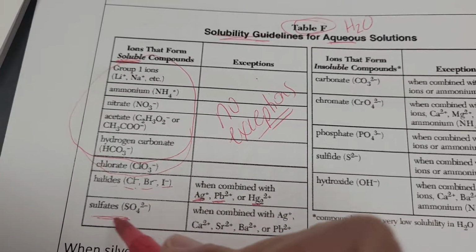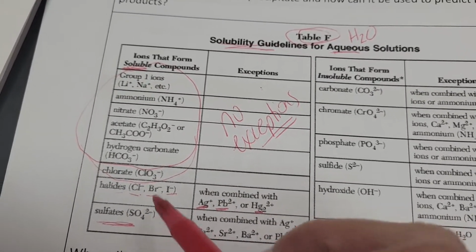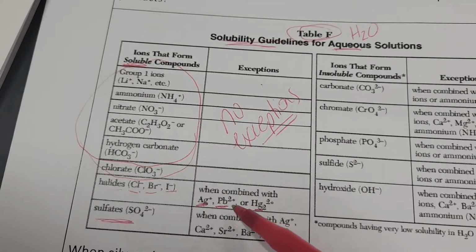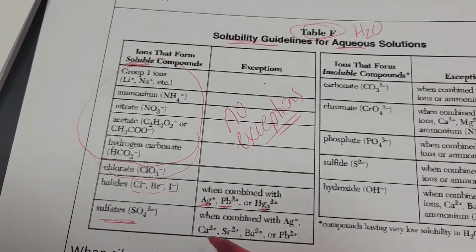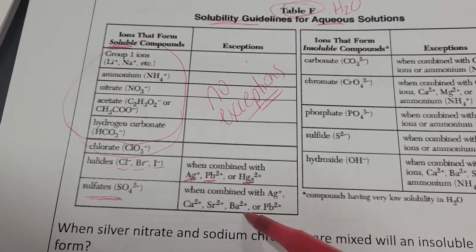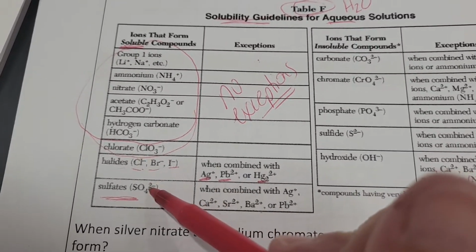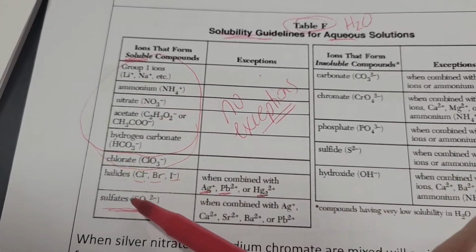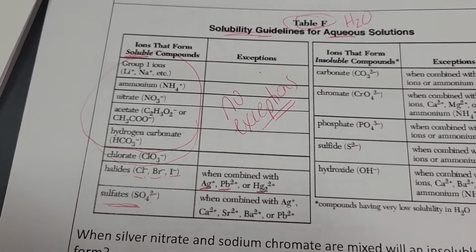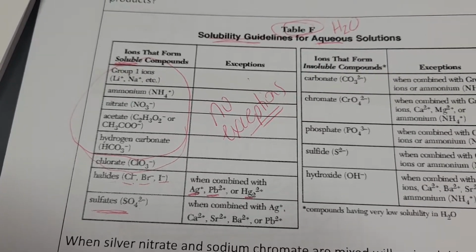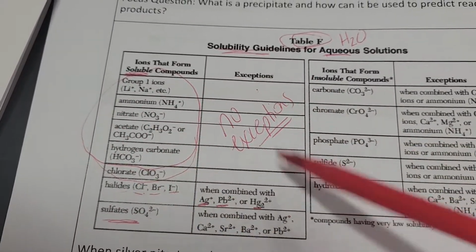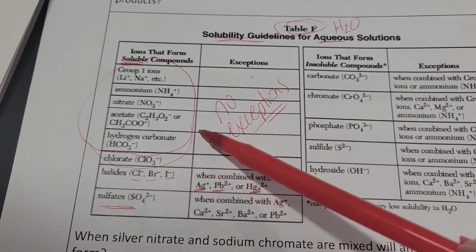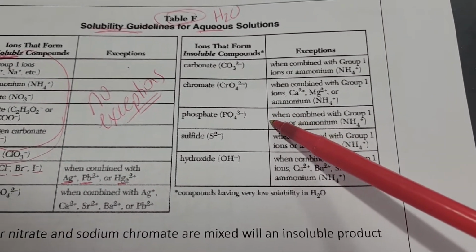And then all sulfates are going to be soluble except if they're with the same above, silver and lead, but then calcium, strontium, or barium. So if I have barium sulfate, it'll be insoluble. But if I have lithium sulfate or sodium sulfate, those will be soluble. I usually focus mostly on this side with what's soluble with exceptions, unless I don't see something come up here, and then I'll go over here.